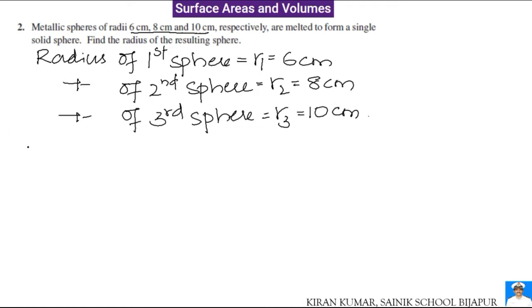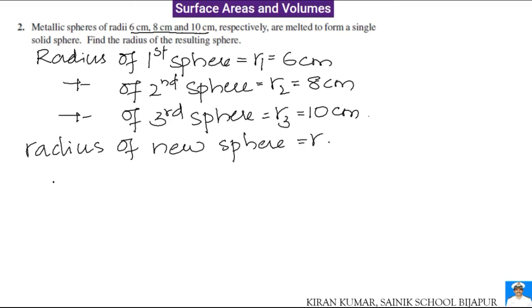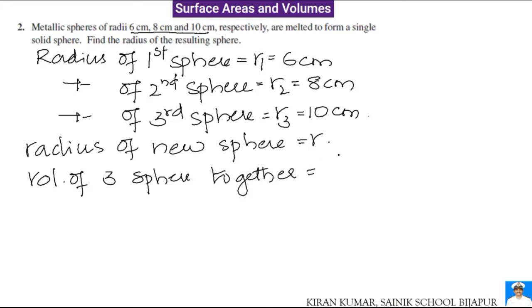Let the radius of the new sphere or the resulting sphere, I'll call it as R. As per the question, it's very clear that volume of three spheres together will be equal to volume of new sphere.